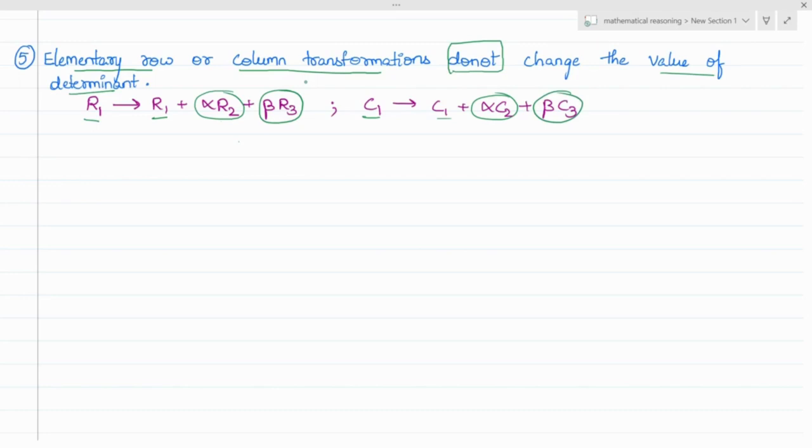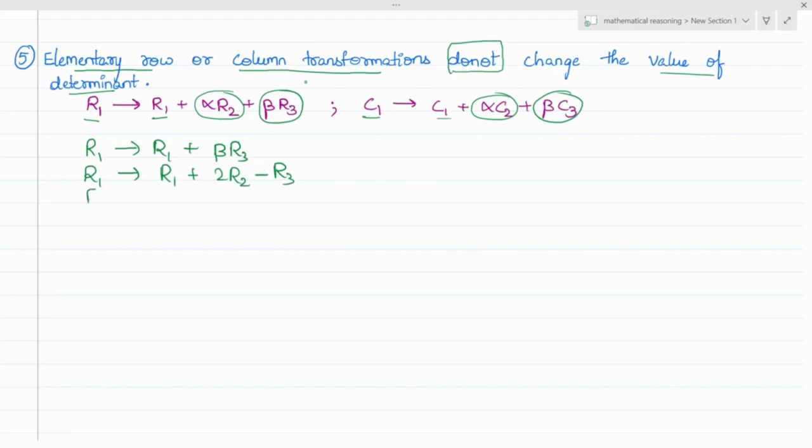Here alpha and beta values can be anything. They might be the same sometimes, they might differ. One can be 0, one can be negative, anything. For example, if alpha is 0, then we'll write R1 changes to R1 plus beta R3. If beta is minus 1 and alpha is 2, we'll write R1 plus 2R2 minus R3.